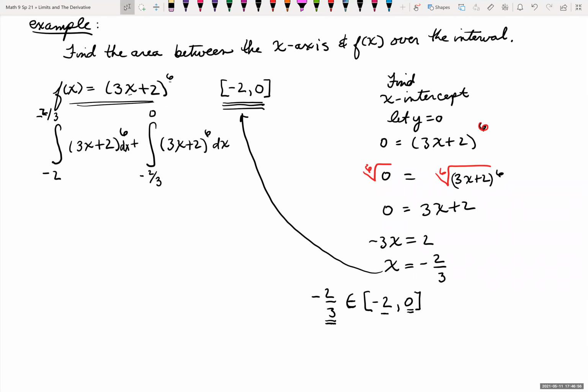So this is going to touch the x-axis and turn around, and we don't have to worry about anything in there being below the x-axis, because anything raised to the 6th power is always a positive number. So this is never below the x-axis.